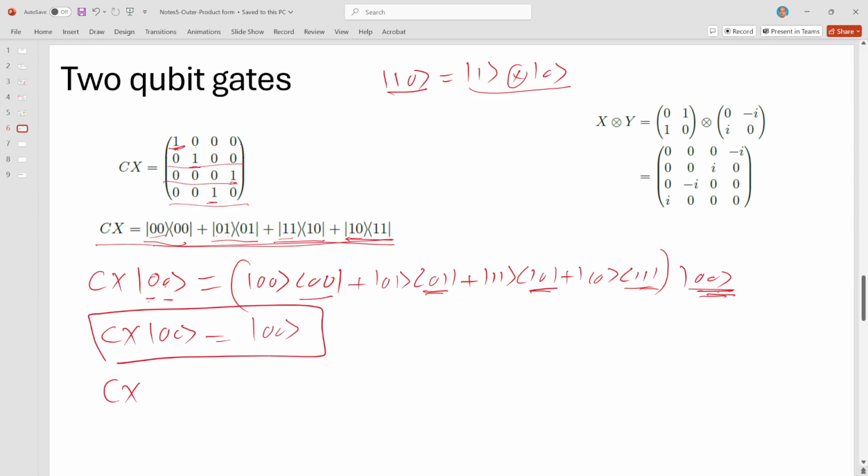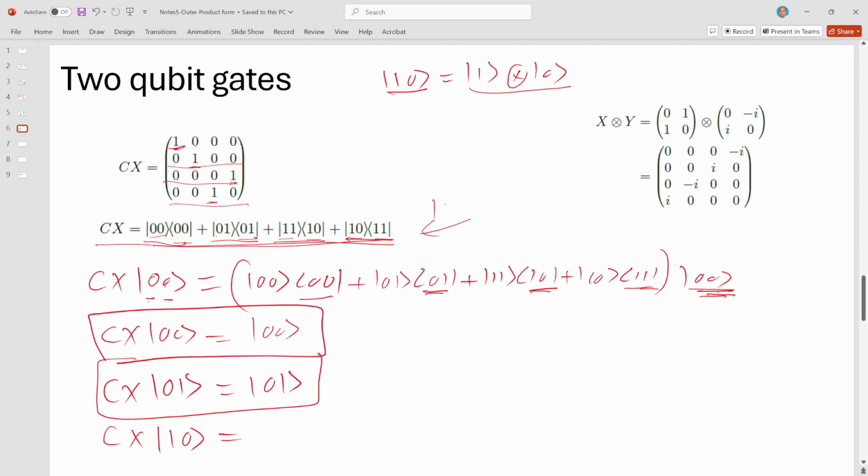Similarly, if I apply CX to 0 1, when the 0 1 multiplies from the right, this inner product is 0, the inner product with this is 1, so I get 0 1. The other inner products would be 0, so this is what we get. Now let's see what happens if we apply CX to 1 0.